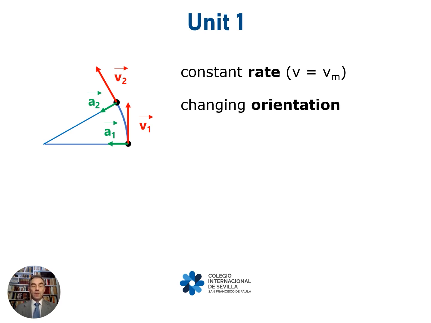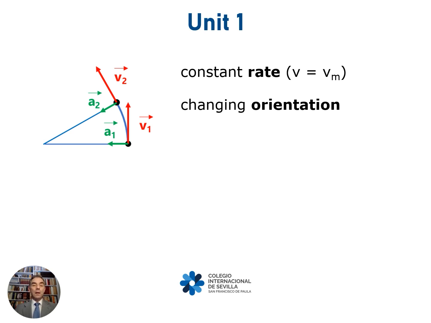But as we can see, speed is changing its orientation. V1 points upwards, whereas V2 points slightly to the left-hand side in the image.